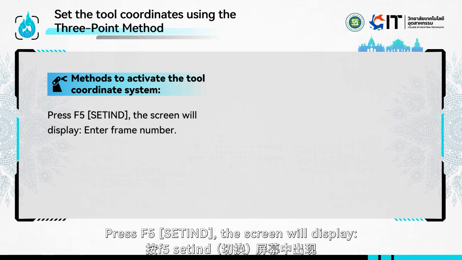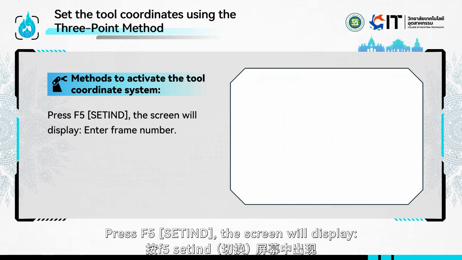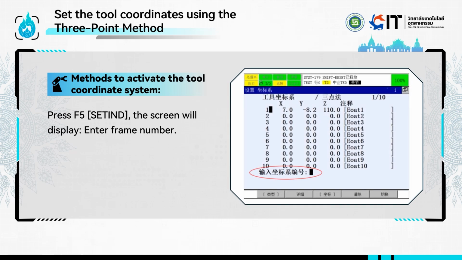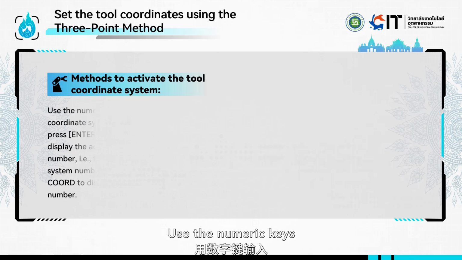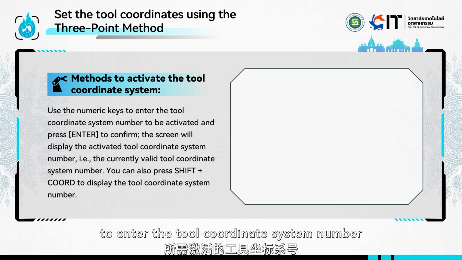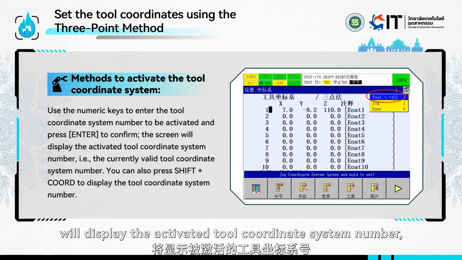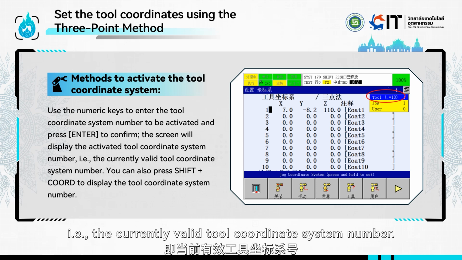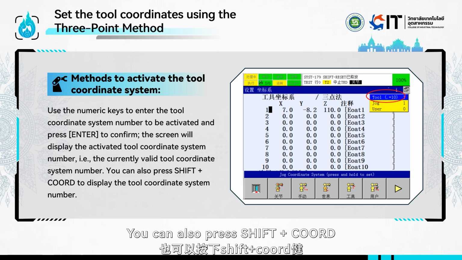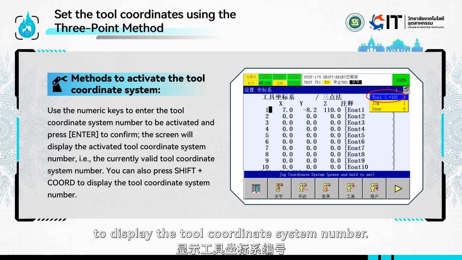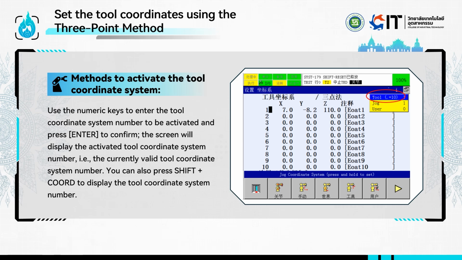Press F5, set end, the screen will display: Enter frame number. Use the numeric keys to enter the tool coordinate system number to be activated and press Enter to confirm. The screen will display the activated tool coordinate system number, i.e., the currently valid tool coordinate system number. You can also press Shift plus Q to display the tool coordinate system number.